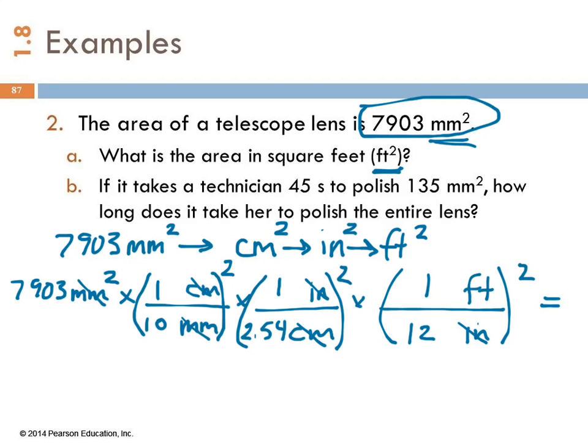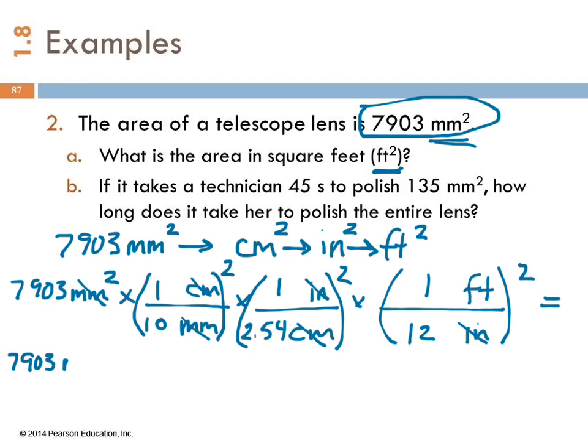So if you and your calculator are really on the same wavelength, that's awesome. If you're not, go ahead and square these numbers separately and write the equation out again. So I'm going to do that.